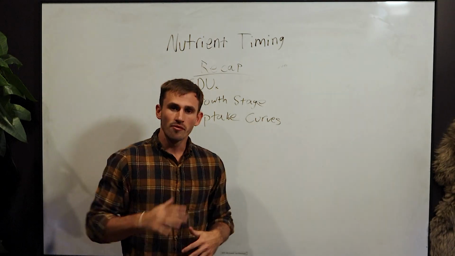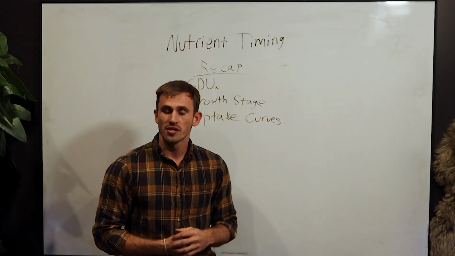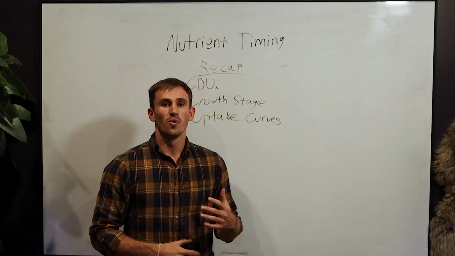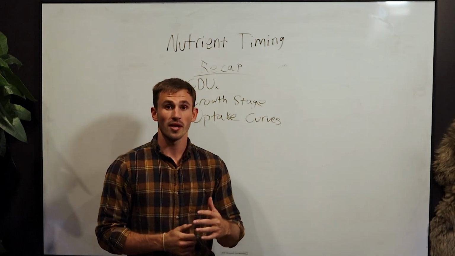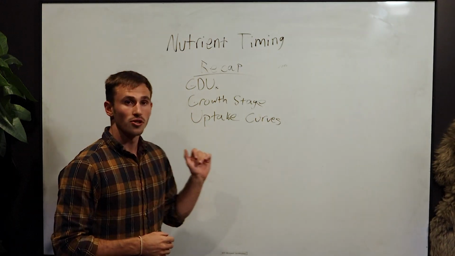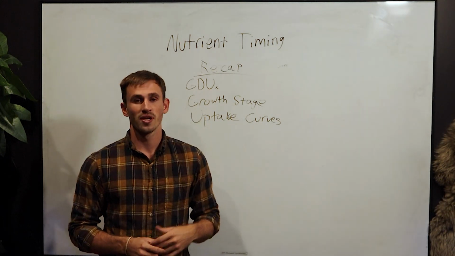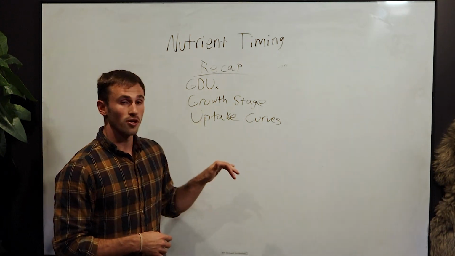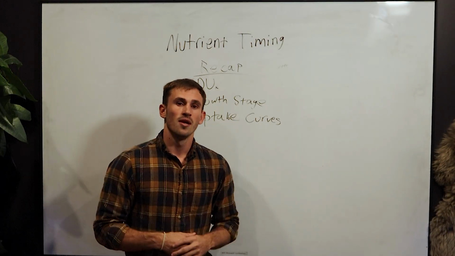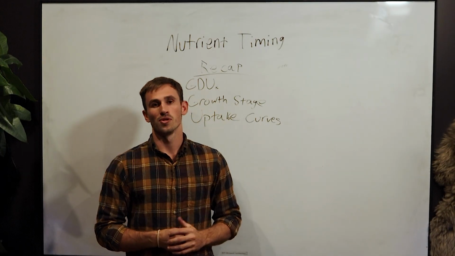Because every single season is different, every year is different, you're going to have different weather patterns, we want to make sure we're timing things correctly based on the crop's physiological growth stage and growing degree units rather than just by calendar year, so we can maximize hitting these uptake curves as perfectly as possible, and we can minimize any potential yield loss due to mistiming.